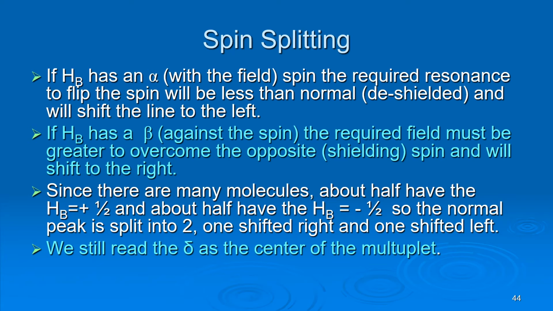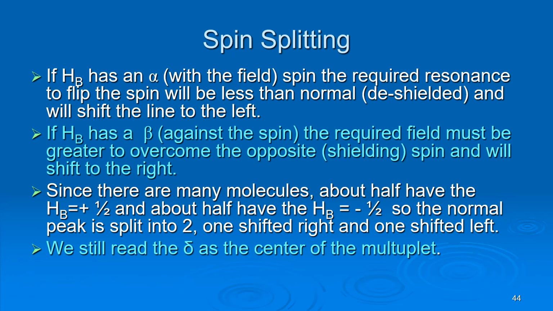So this pretty much says what I just said. So again, if the neighboring hydrogen has an alpha spin, meaning with the field, the spin to require resonance to flip will be less than normal. So that means it's de-shielded and it shifts to the left.